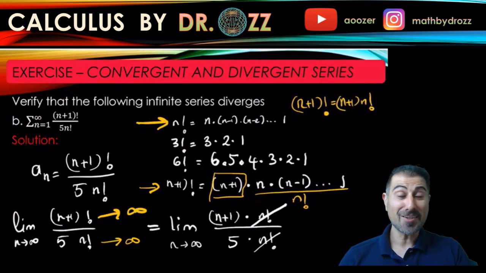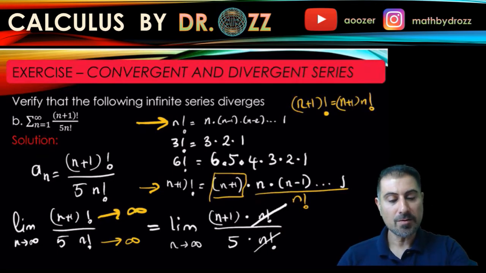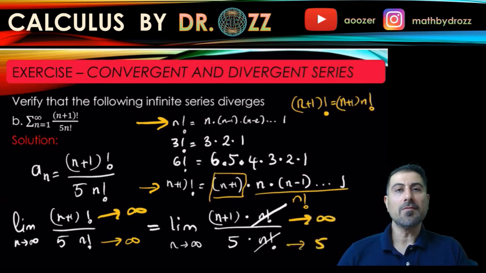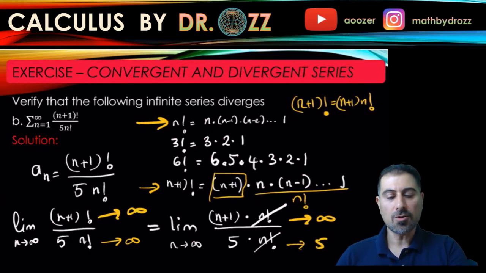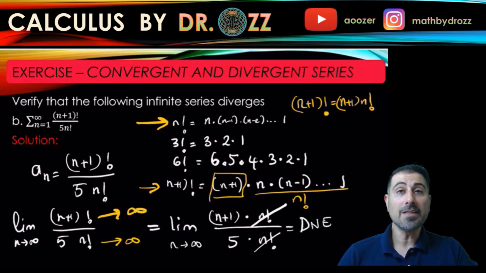And now I can pass the limit, because now I have a simpler form to work with. And the top, as you see, goes to infinity, and bottom is just constant, going to 5. And infinity divided by a finite number is going to take you all the way to infinity. So in other words, this limit does not exist. Or if you want to quantify that, this is plus infinity, okay?